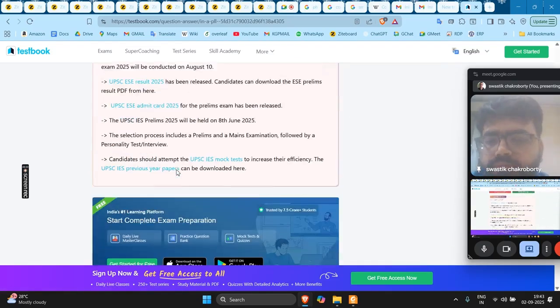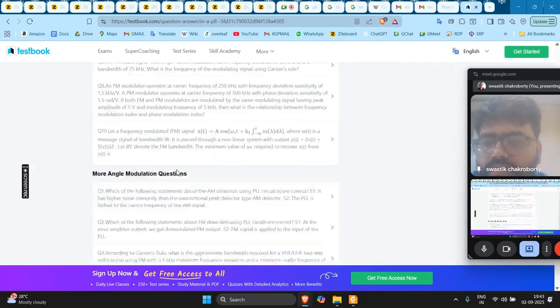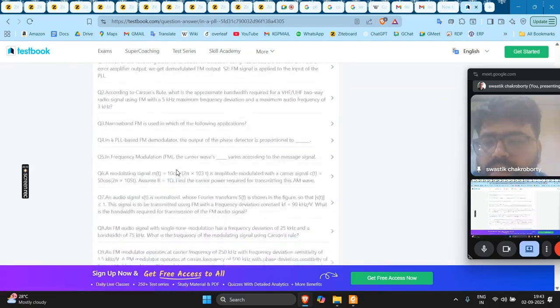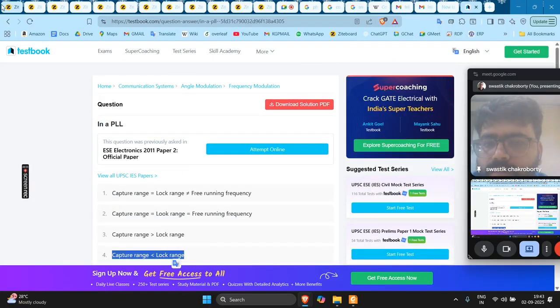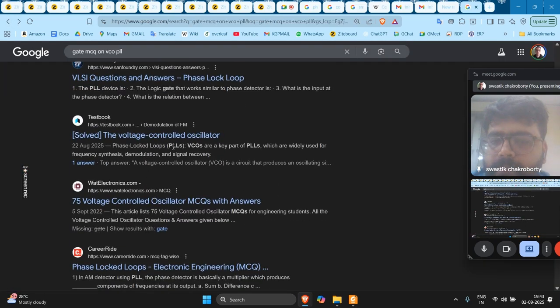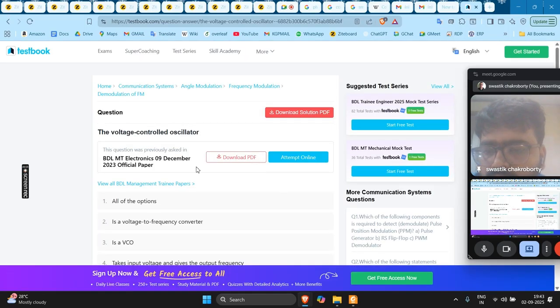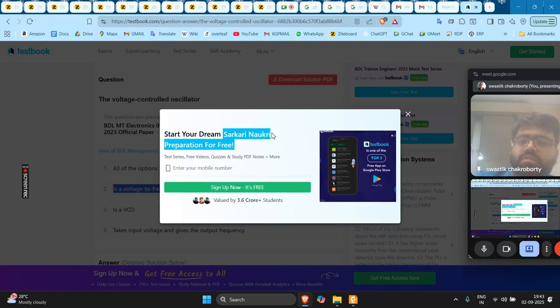Next, we have the voltage controlled oscillator is VCO.